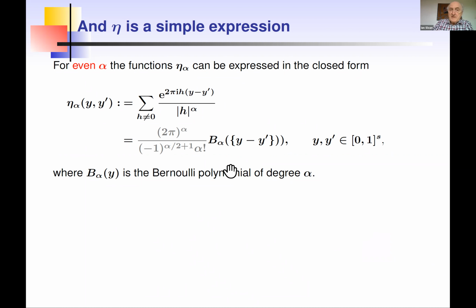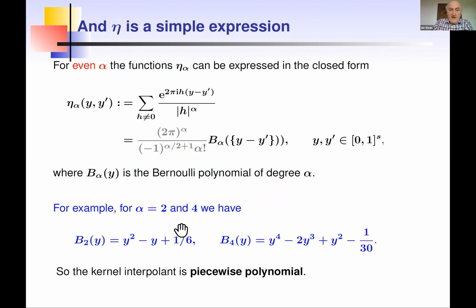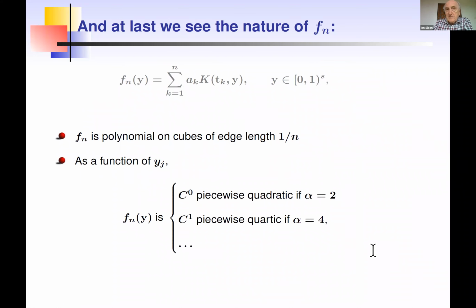The details don't matter, but eta alpha is B alpha of the fractional part of y minus y prime, which of course makes it periodic. B alpha is a Bernoulli polynomial of degree alpha, and these are well known and available: B2, B4 a polynomial of degree 4. And so the kernel interpolant is piecewise polynomial, in fact.